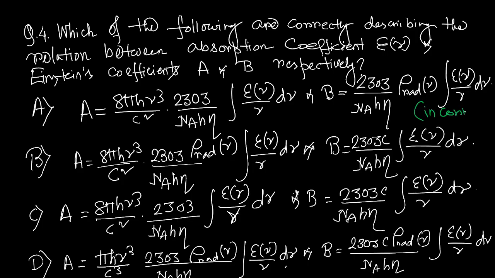Incorrect, incorrect, and this is also incorrect. There should not be any radiation density part in the coefficients A and B. So the correct option is nothing but C. Okay.